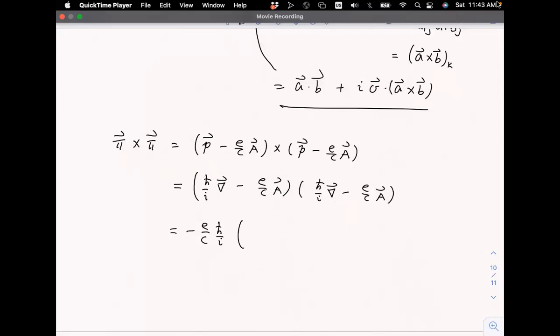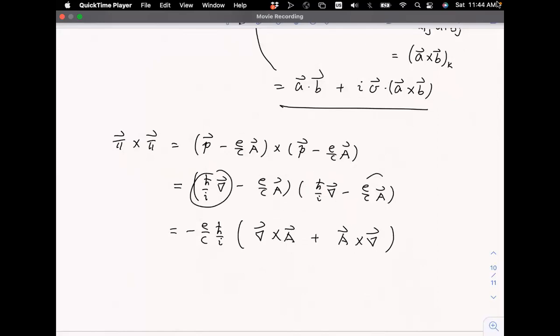So the only term that will give you the trouble is this one, cross A. This one, cross A, and then plus A cross this.